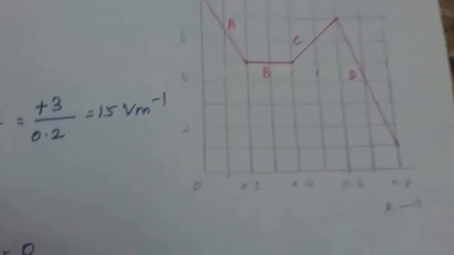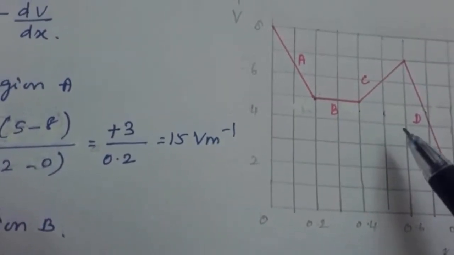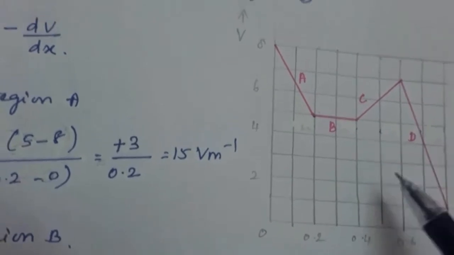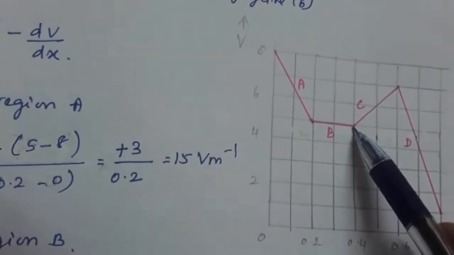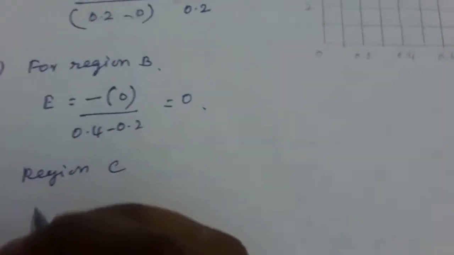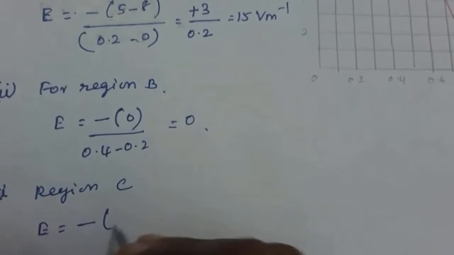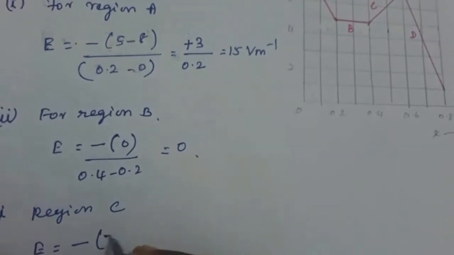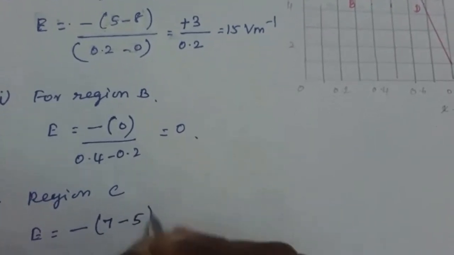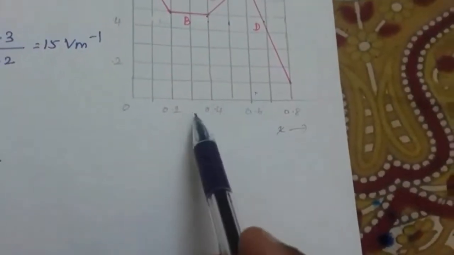Now coming to region C. In region C, what is the E value? Your final potential is 7, your initial is 5. So we can write E is equal to minus of 7 minus 5, divided by 0.6 minus 0.4.